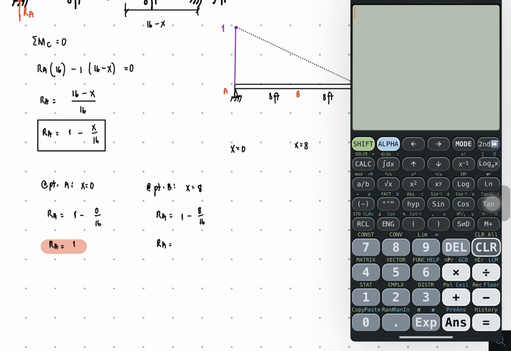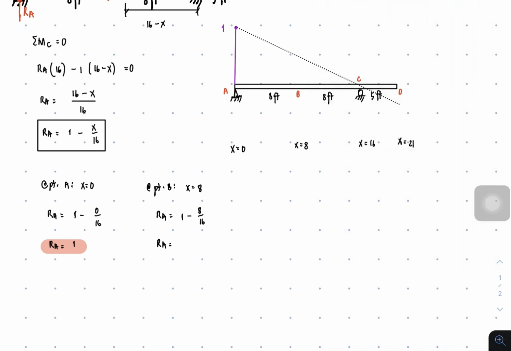And that's 0.5. So this is the point when X is equal to 8.